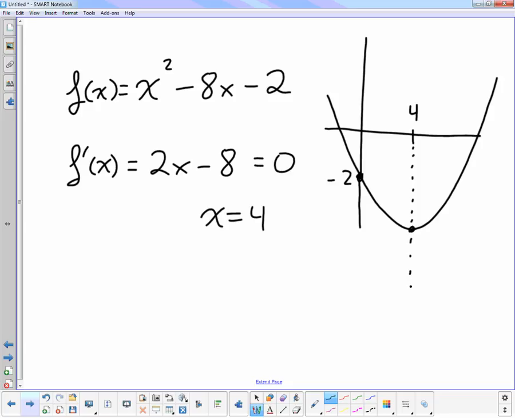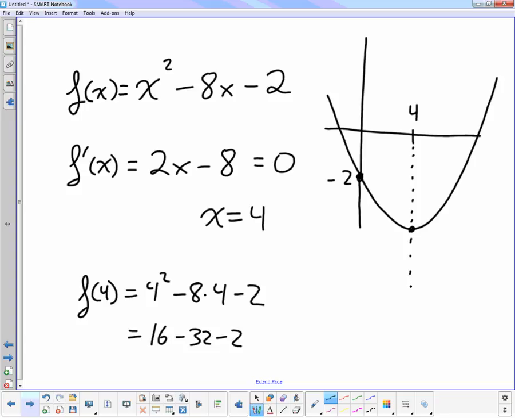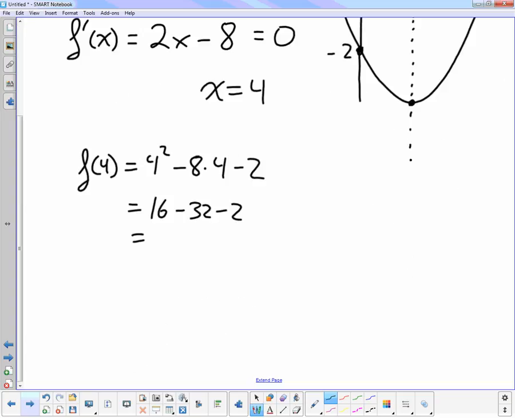And to plug it back in, I take 4, I plug it back in, I get f of 4 equals 4 squared minus 8 times 4 minus 2. So 16 minus 32 minus 2, which is equal to negative 18.